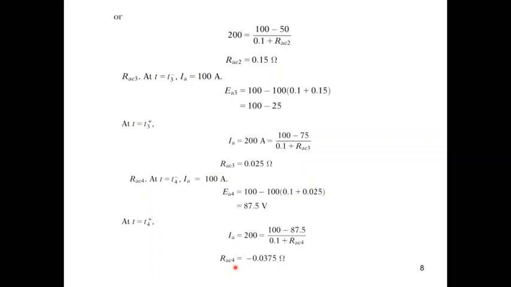So this is the idea now. Based on our steps, when we find the added resistance with a negative sign, we can say this step is not actual, and we can stop at step number 3.